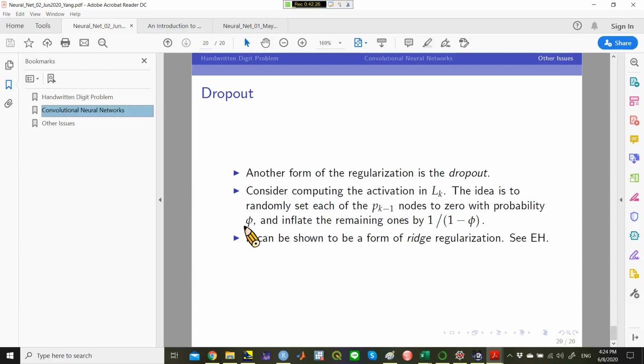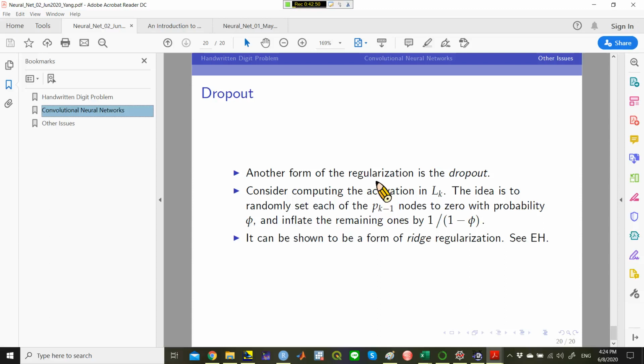So you may see what I'm doing here. It turns out mathematically, it can be shown that it is the same as ridge. And more importantly, by doing this, we are not adding any penalty term.